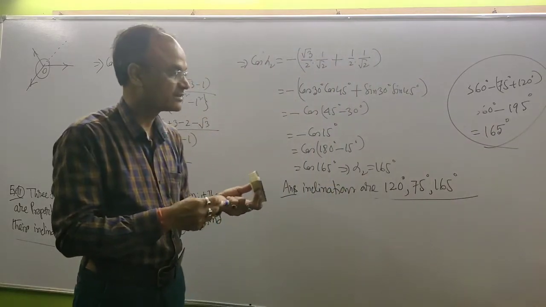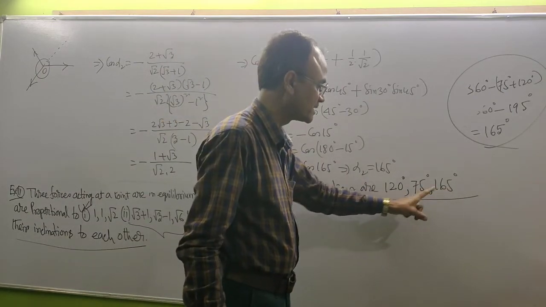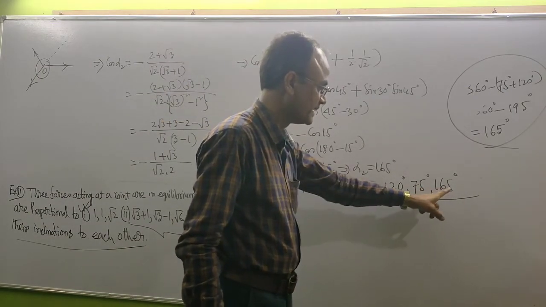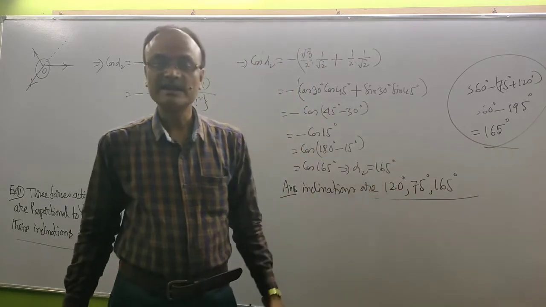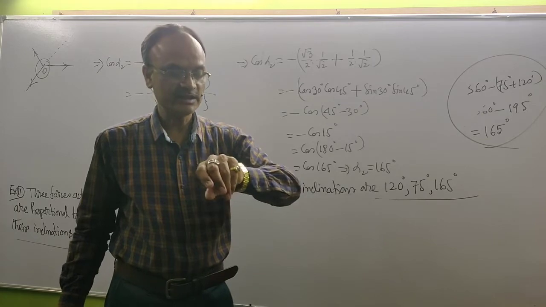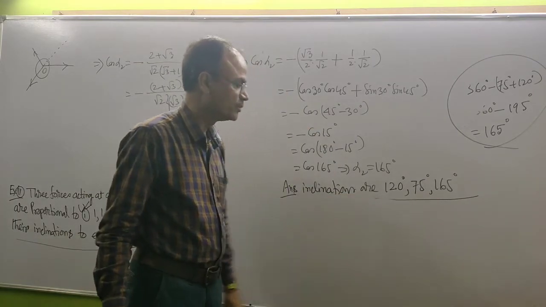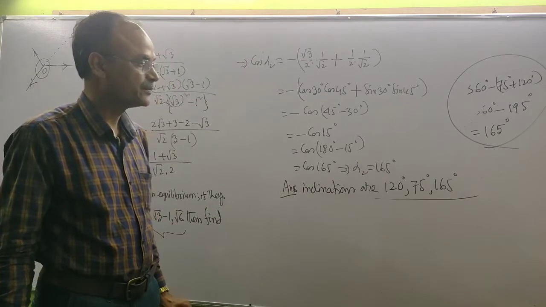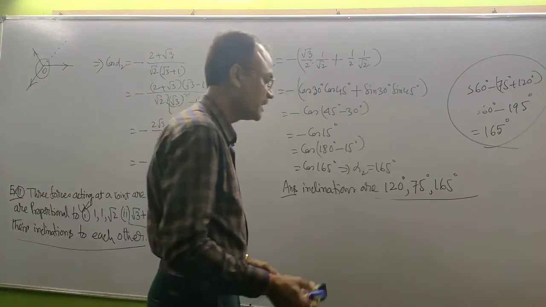Required inclinations are 120 plus 165 plus 75, which gives 360. The sum of the angles should be equal to 360 degree. We have solved these three problems.